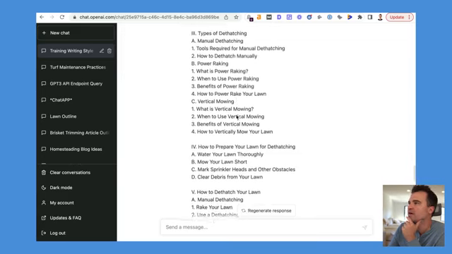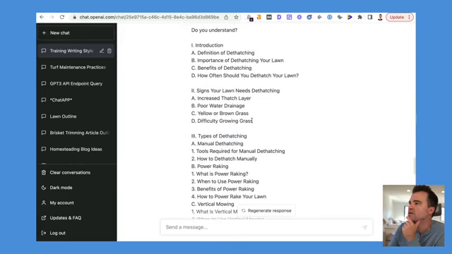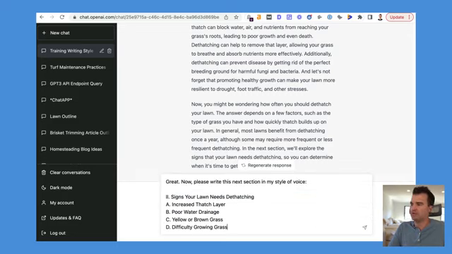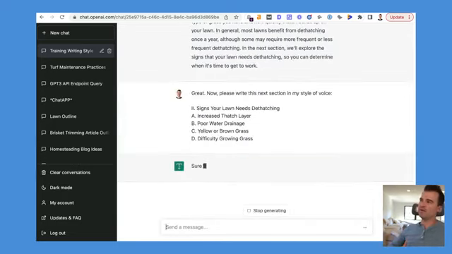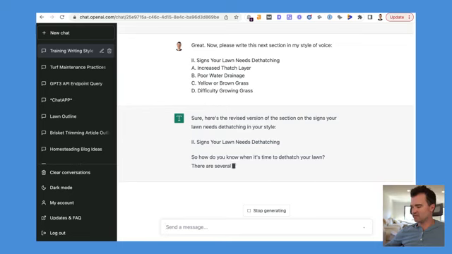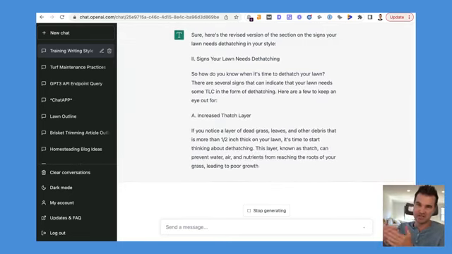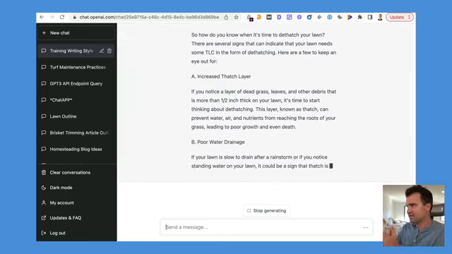Okay, so now I'm going to go step by step to see what we can do. Now, please write this next section in my style of voice. The way this course is structured is the way I like to use ChatGPT, which is step by step.